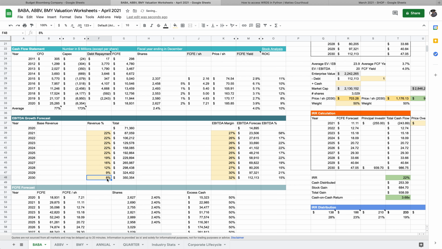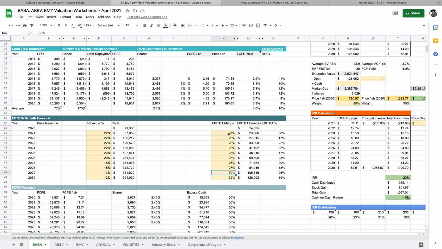I'll stick with, what's my original 12? I think it was originally 12. Okay, so I'll stick with 12. That helps you forecast how your revenue is going to change over time. And then from there, you also look at margins and how they will change over time. In this case, I'm pretty sure they said high 20s for a while, but closer to 2030 we'll be back in the mid 30s. So that's what I did here.